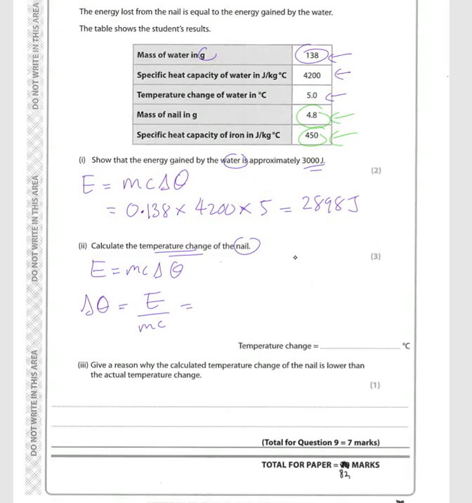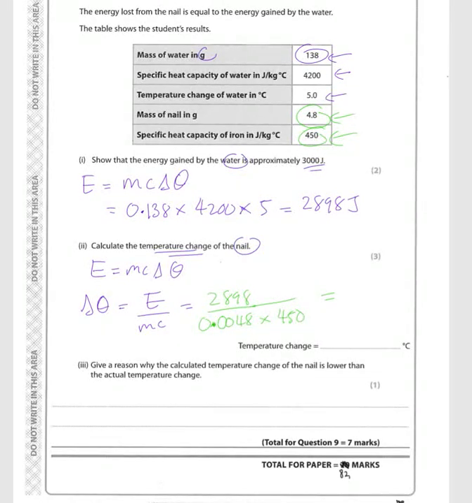Now, what's happening is energy is transferred, so the same amount of energy will be used. So 289 will be used. The mass is going to be in kilograms. There should be another 0 there. Make sure it's properly done. Look at where the dot is.